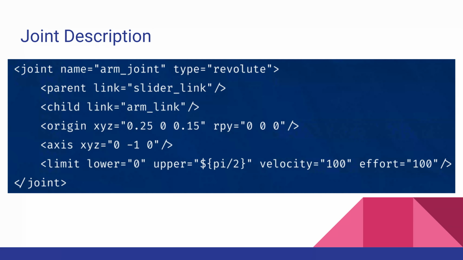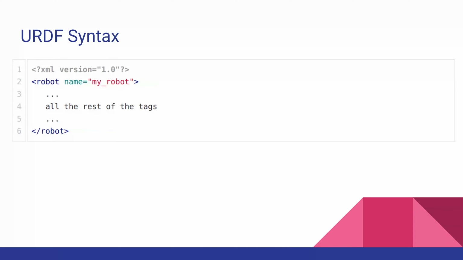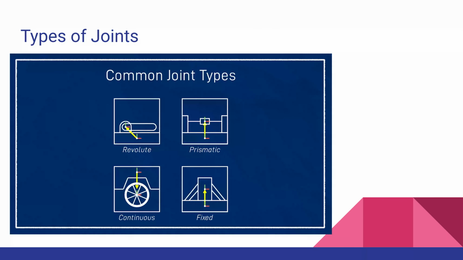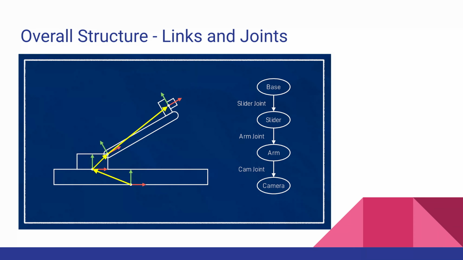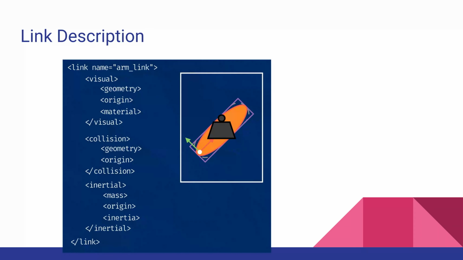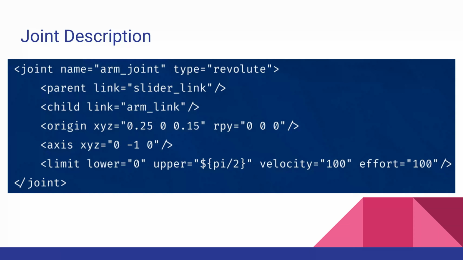So a typical URDF looks something like this. We'll have to start with making a basic flow chart of the model, then deciding which types of joints are present for different connections, right? And then we go ahead and start describing the link and then the joint.